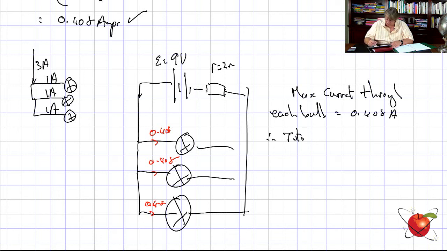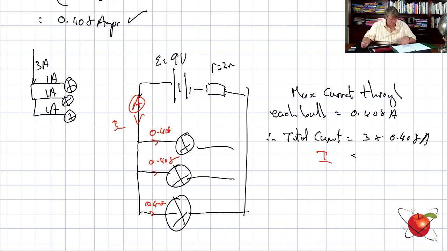Therefore, total current must be 3 times 0.408 amps. Because the current down here is going to be, red is I. There's my ammeter, sorry. This is I. So I is going to be equal to, and I worked it out here, 1.225 amps. So we now know that.